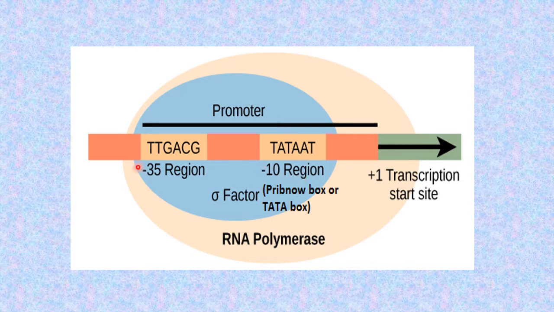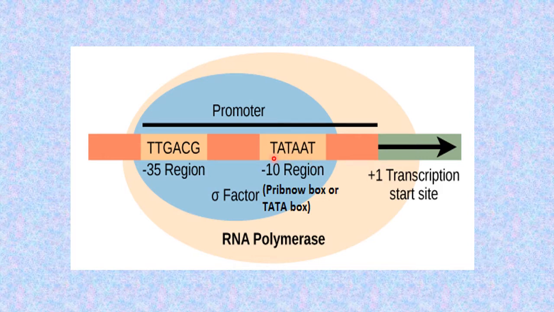And another consensus sequence in E. coli particularly, and in most of the prokaryotes, is this TTGACA box, which is approximately 35 nucleotides upstream, and these regions together form the promoter region.